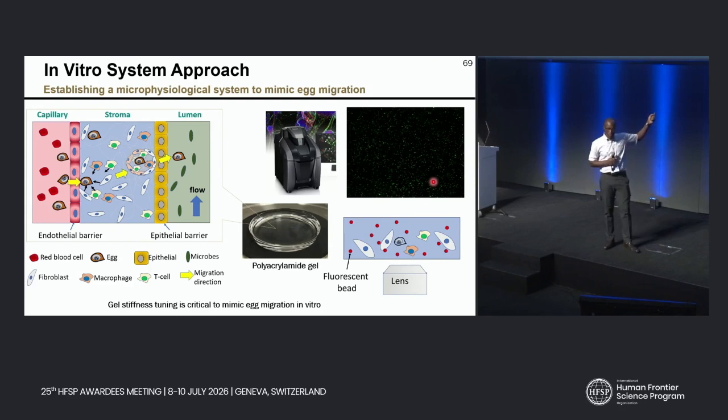So we came up with a system that we can position on a microscope lens and then do the imaging using the bead assay to track how the movements generate forces in the matrix.